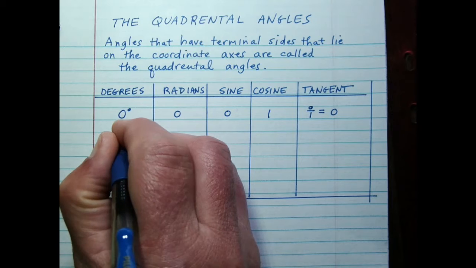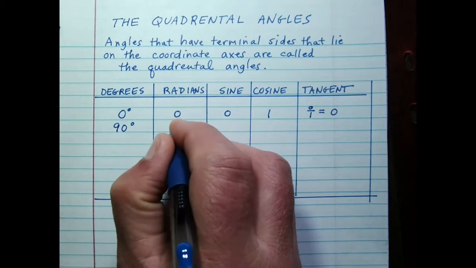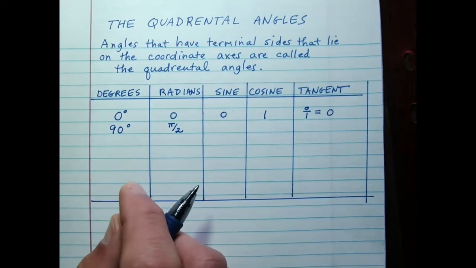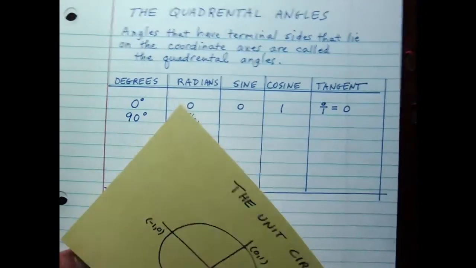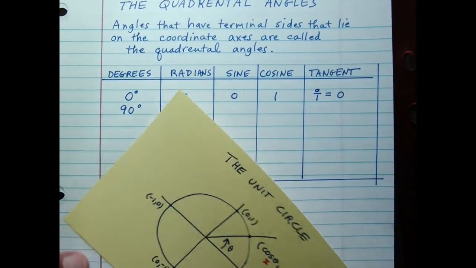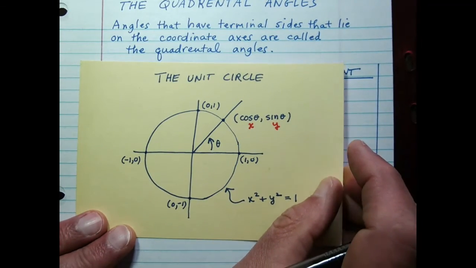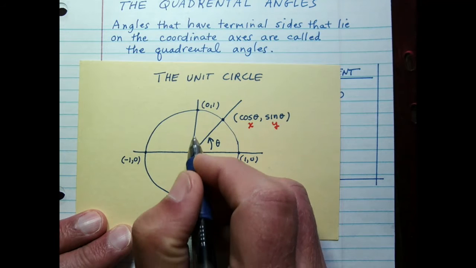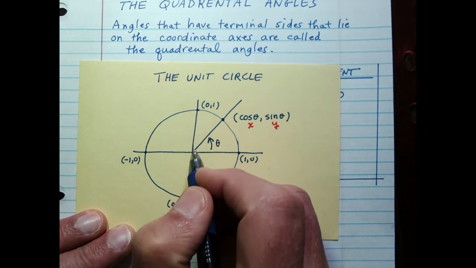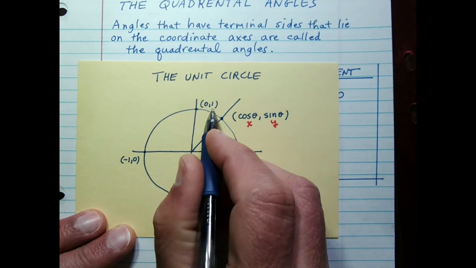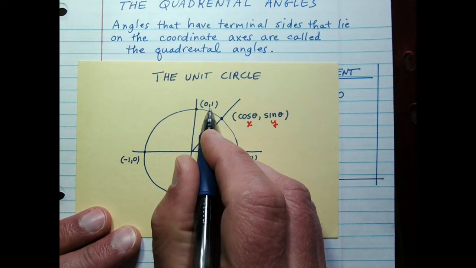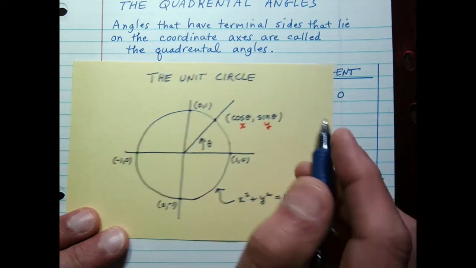Now let's next look at 90 degrees, which is pi over 2 radians. To define sine and cosine, again, we're going to rely on the unit circle. The terminal side of 90 degrees is the positive y-axis. The y-coordinate, where the unit circle touches the positive y-axis, is 1.